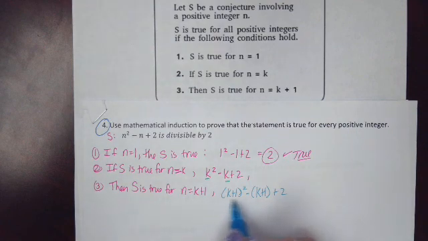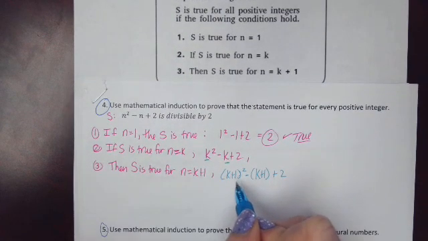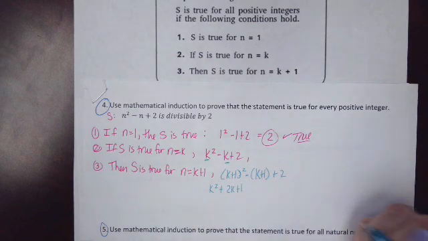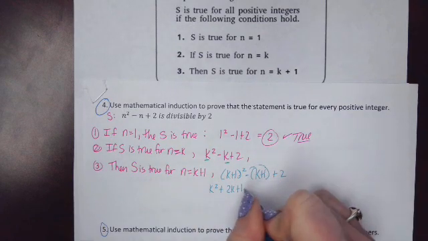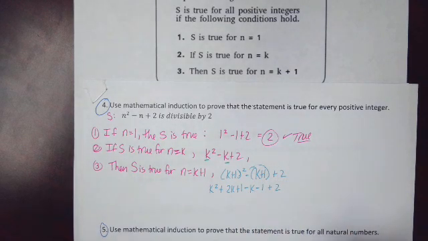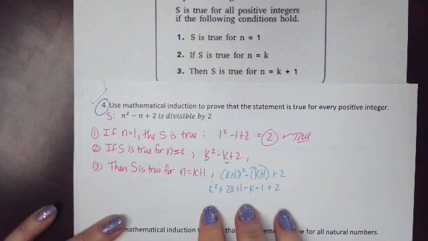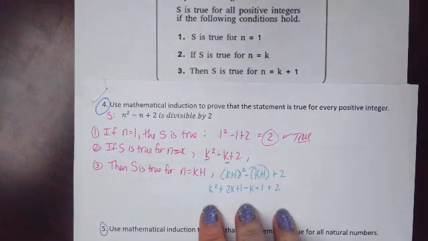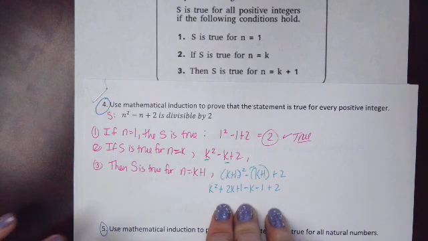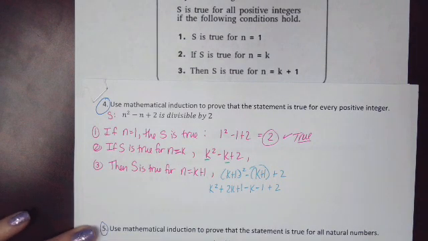If I square this binomial, I think about foiling it out. I would have k squared plus 2k plus 1, and then I distribute that negative, so minus k minus 1 plus 2. Now I have all of these terms here, and I need to be creative and make sure that I can use what I know to show that this is still divisible by 2.